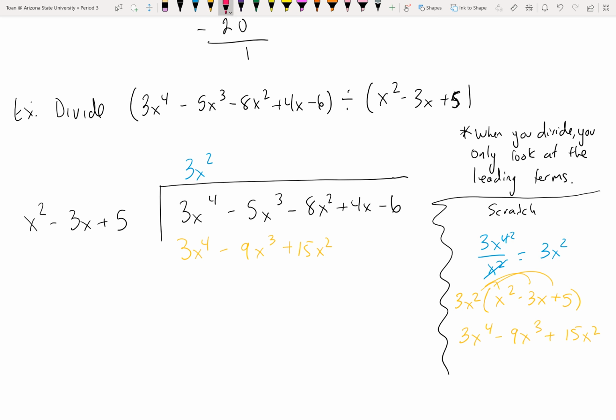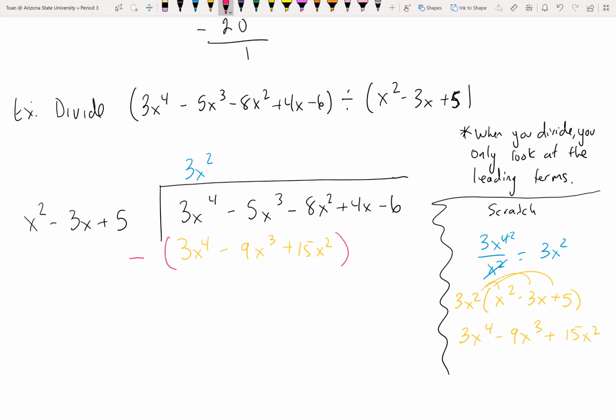Next step is to subtract. So I'm going to take this whole result and subtract it. I put it in parentheses. A common mistake I see when students do this is they subtract the first term, but they don't subtract the other. So I'd say get some insurance and wrap it in parentheses. Now, again, there's no shame in this, but I've been doing this for 9 years, and there's one immutable fact that I've learned.